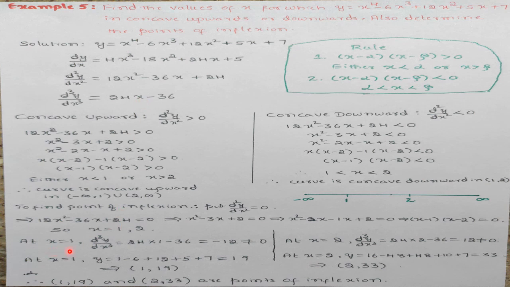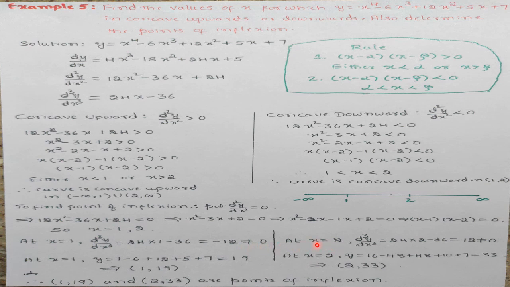See here, at x = 1, the third derivative d³y/dx³ is 24 × 1 − 36. That means this is −12. −12 is not equal to 0. That's all. Whether it is negative or positive, this is not equal to 0. Therefore, next check at x = 2.